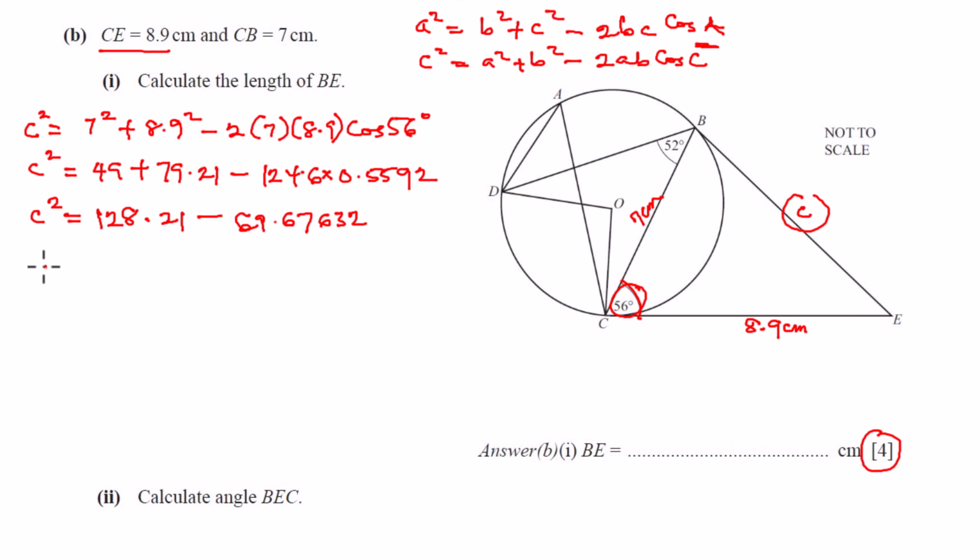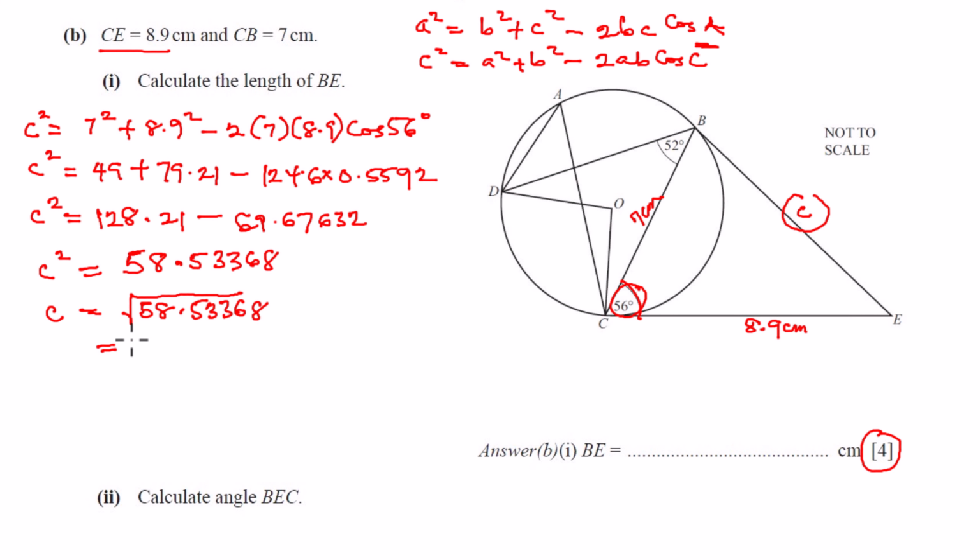Okay, so c squared is, let's subtract this, 128.21 minus all of that will simply give me 58.53368. So we're getting there. So c is obviously the square root of this. When you take the square root of both sides, the positive square root of 58.53368.